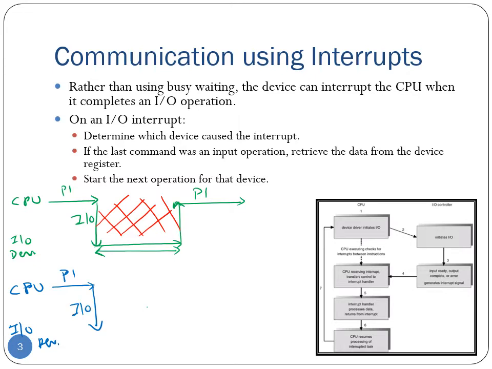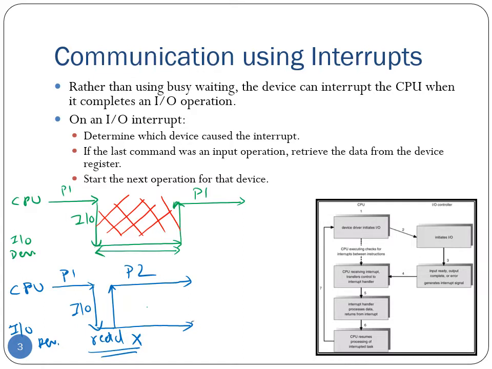So what if instead of waiting for the IO device to finish, the CPU simply sets up the IO device, instructs it to, let's say, read some data item X, and also instructs the IO device to inform the CPU once this reading is done. And then once this setup is done, the CPU goes back and starts executing some other ready process on the ready queue, let's say process P2, and in parallel the IO device keeps working on this read command.